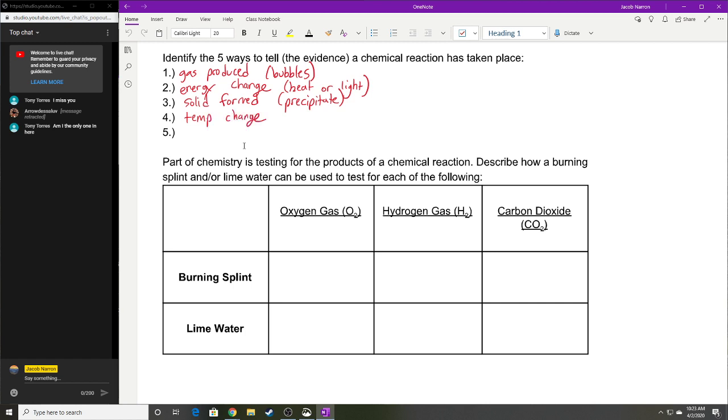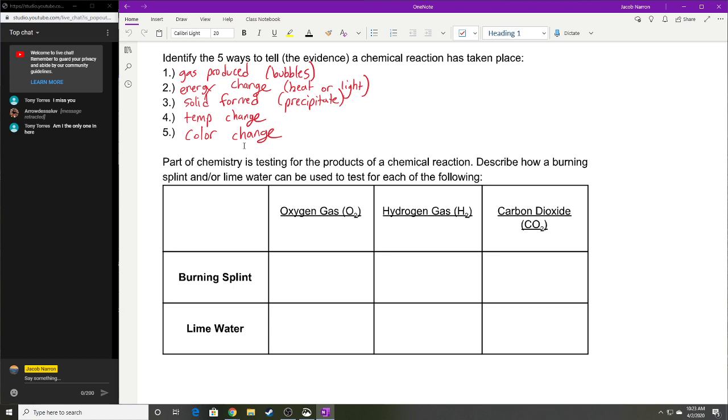So sometimes it can get really hot, sometimes it can get really cold. An endothermic reaction, we're going to talk about heat soon, but an endothermic reaction is where it actually feels cold. And then thing number 5 is a color change. We saw one of these in a reaction that we did one time where it turned bright yellow, but a color change is something you're looking for.